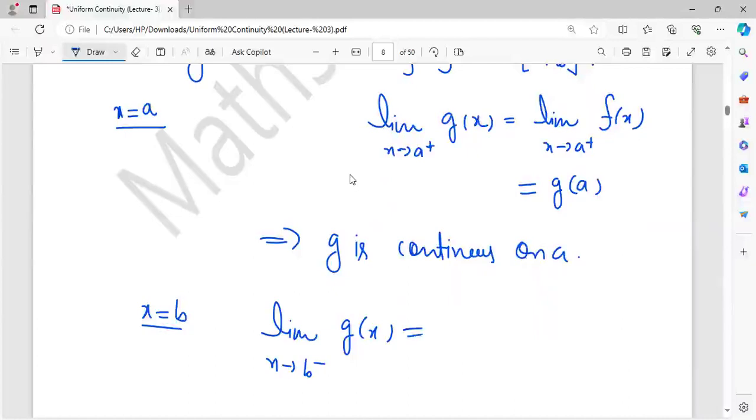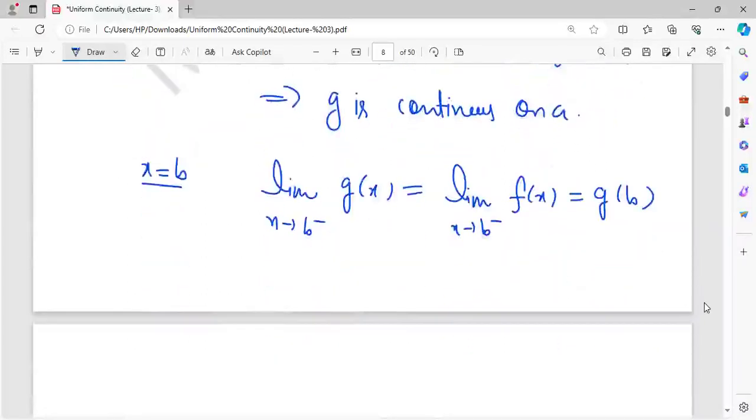It means we are in the open interval (a, b). So it means the limit as x tends to b minus of f(x), which is g(b). So this implies g is continuous at b.